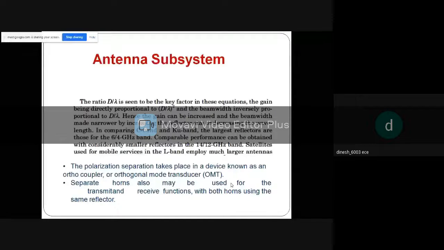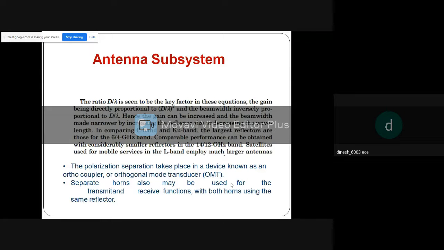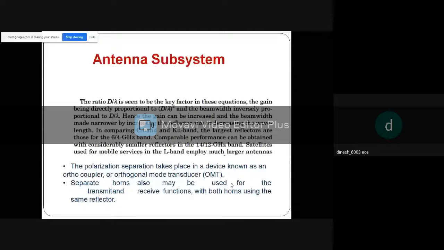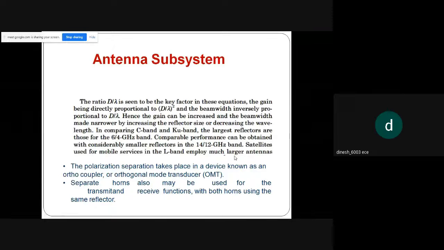We use large reflectors with 6 gigahertz as uplink and 4 gigahertz as downlink. And if you use small reflectors, we require uplink of 14 gigahertz and downlink of 12 gigahertz. So this 6 bar 4 represents your uplink slash downlink, 14 bar 12 is uplink slash downlink gigahertz frequencies. And the satellites used for mobile services in L band employ much larger antennas. Okay.